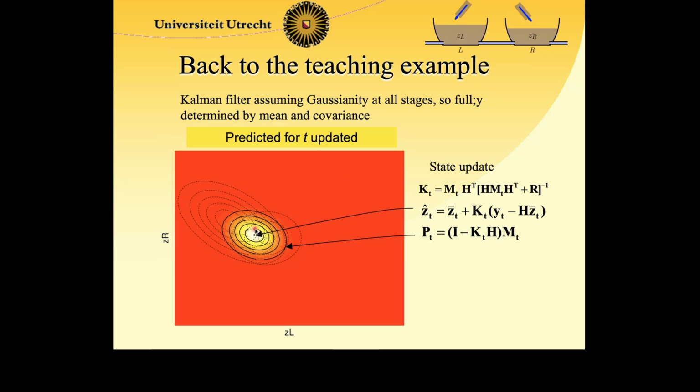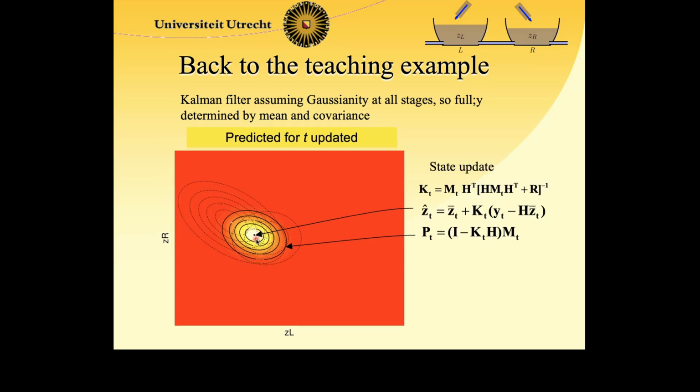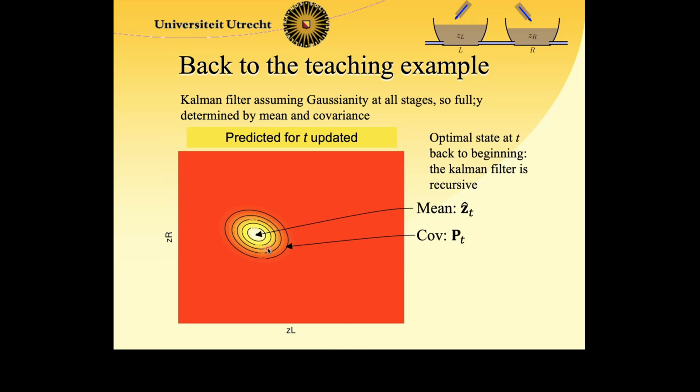Actually, if you go back, you can see that the resulting uncertainty is smaller than the individual uncertainty of the model and of the observations. So this is our new optimal prediction and covariance, and of course they can then be used for the next time step.